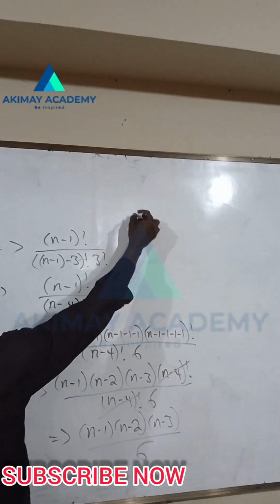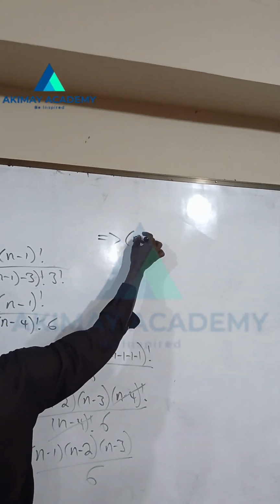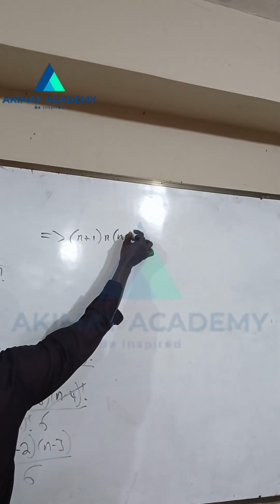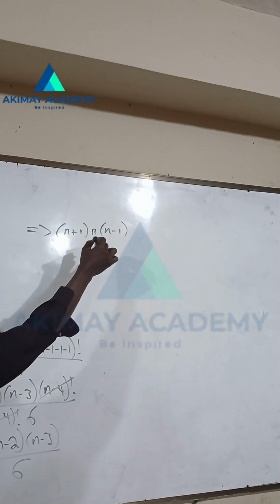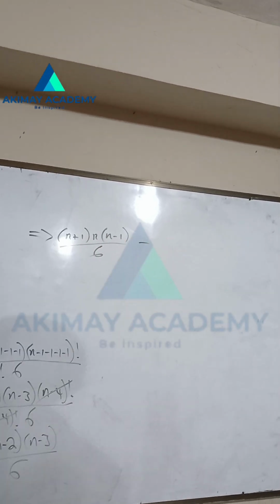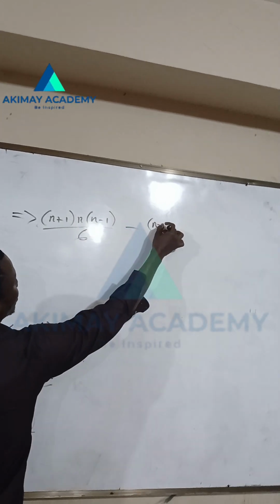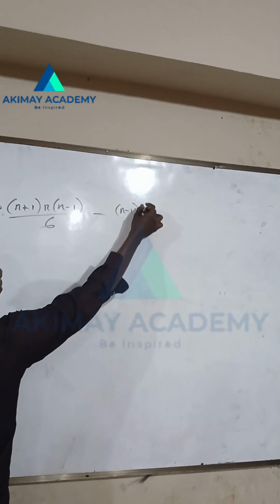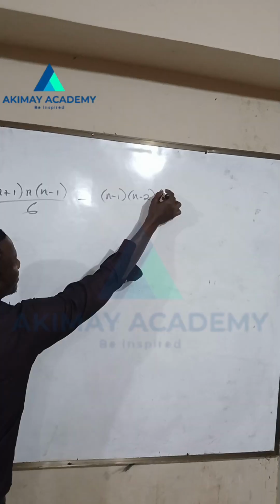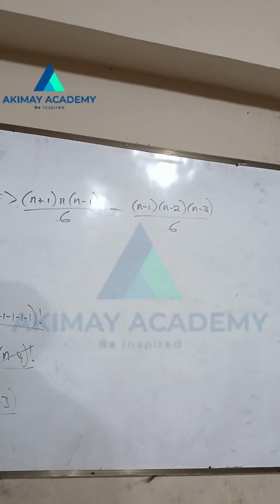So we have (n plus 1) and (n minus 1) out of 6 for the first part, then minus (n minus 1) and (n minus 2), then (n minus 3) out of 6.